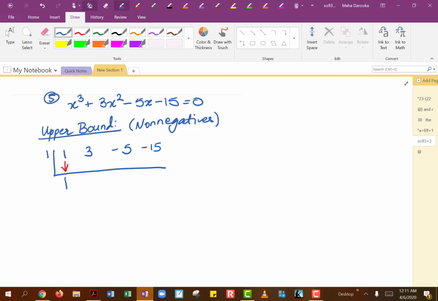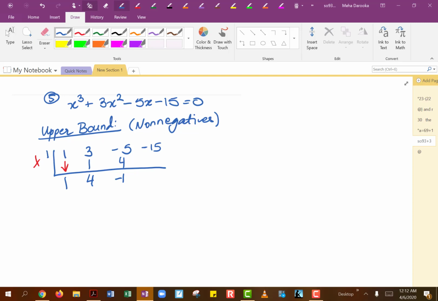Then we do 1 times 1, which is 1. 3 plus 1 is 4. 4 times 1 is 4. Then add -5 with +4, which gives you -1. And technically, you can stop right here, because remember we said we are looking for non-negatives. So the moment you hit a negative sign, you know this one is not working out for us.